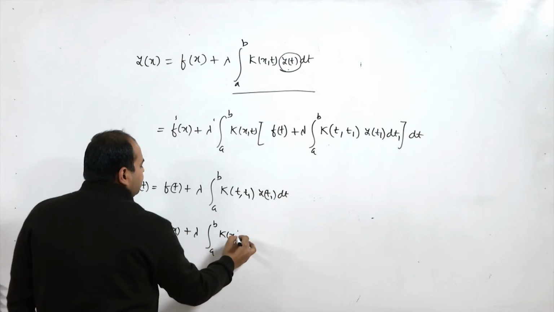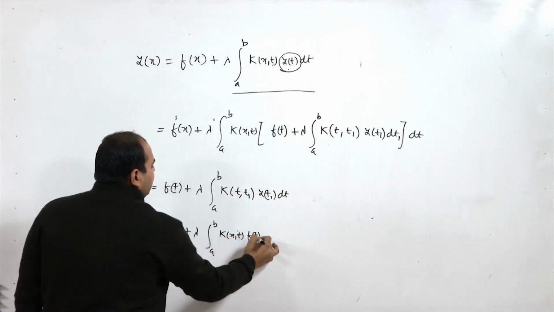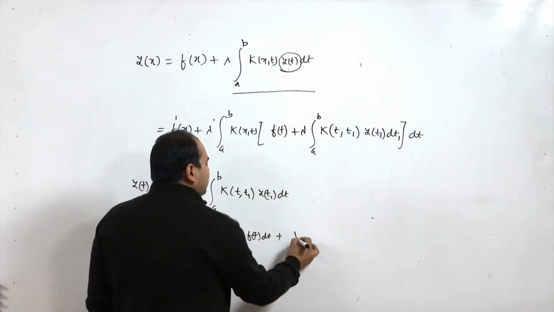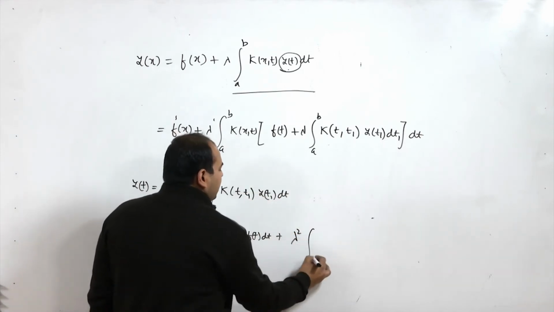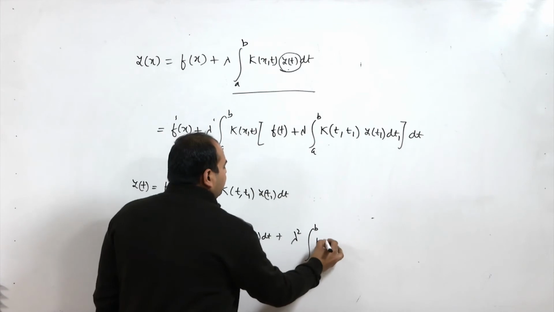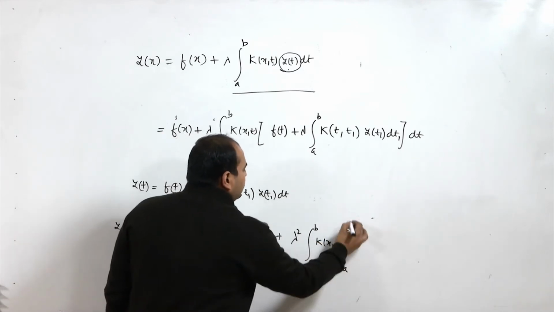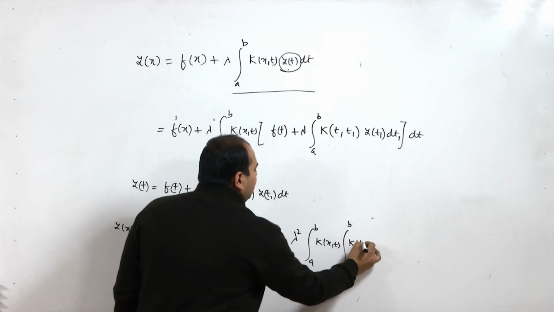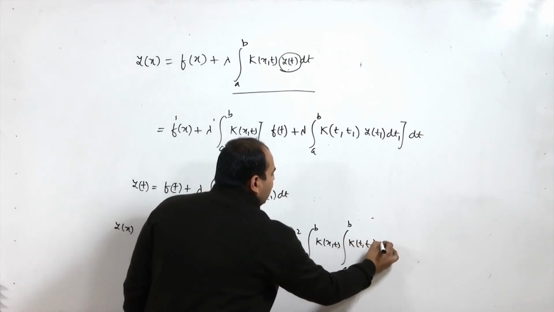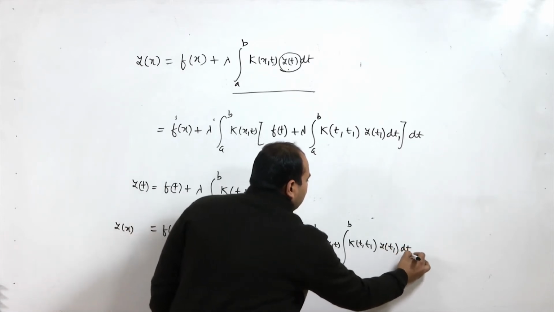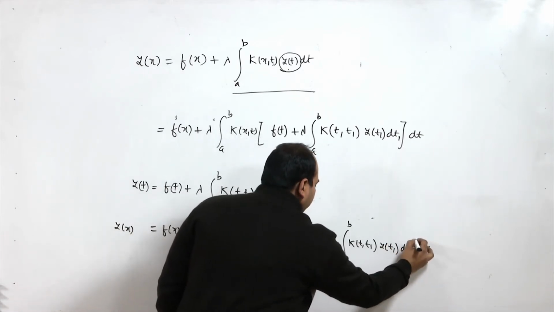K of x t f of t dt plus, if you look at the second term, it is going to be lambda square, integral a to b k of x t, integral a to b k of t t1 y of t1 dt1 and dt.